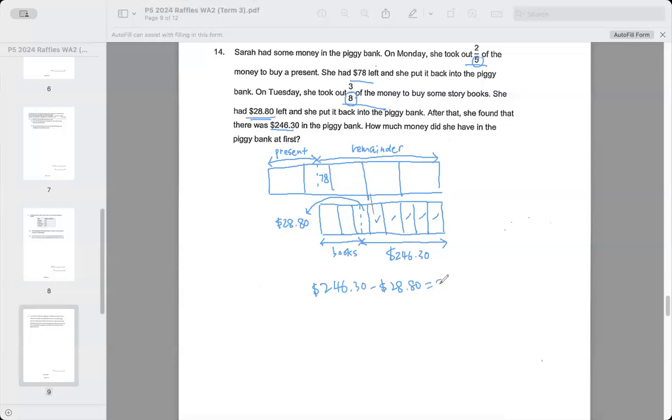I will get $217.50. Like I mentioned, this amount is equal to the 5 equal units here. So I will take $217.50 divided by 5 to find one unit. Key this in your calculator, we will get $43.50.